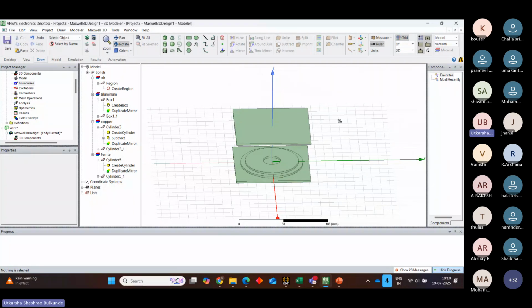I'm asking you how we have given excitation in 3D transformer case. 3D transformer, where we have just taken our winding to be a block, right? A box we have considered, right? Yes, ma'am.